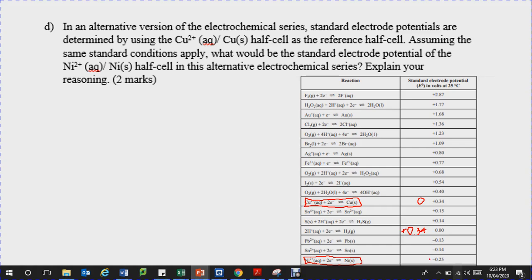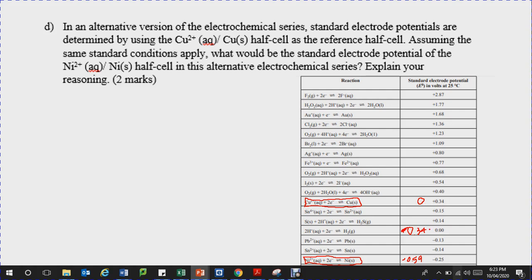And there was a 0.25 difference between hydrogen and nickel, so nickel must be negative 0.59.